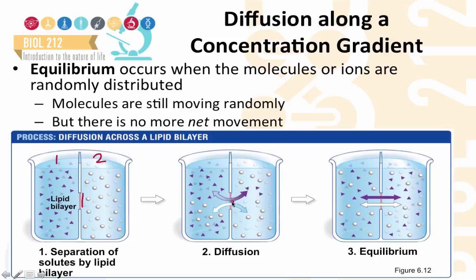Since the membrane is permeable to both solute 1 and 2, both of these solutes will move down their concentration gradient from an area of higher concentration, which is the left side for solute 1, to an area of lower concentration, which is the right side, until the concentration of these solutes is equal on both sides of the membrane. Note that this is because the membrane is permeable both to solute 1 and to solute 2.